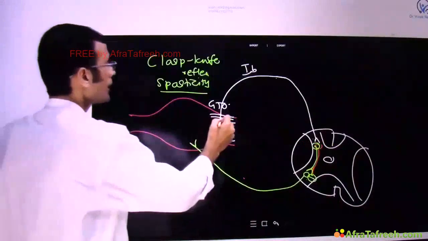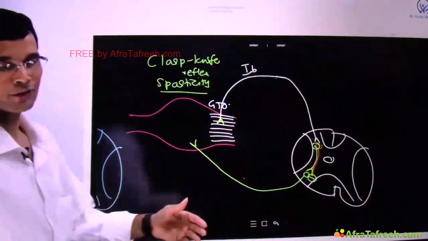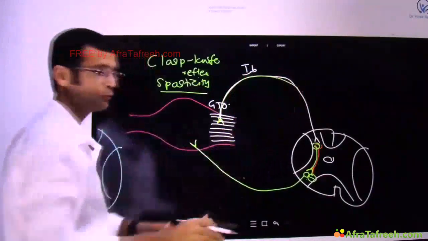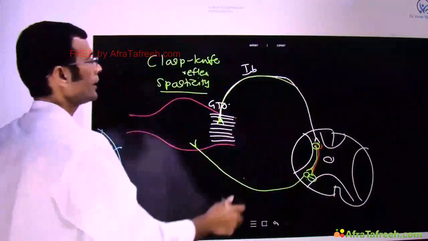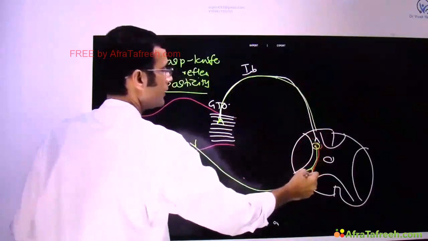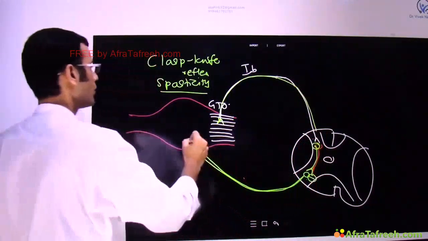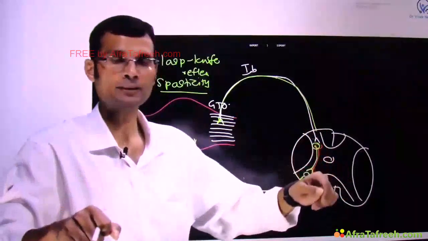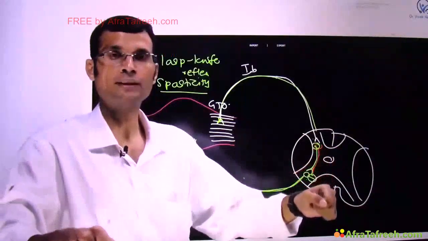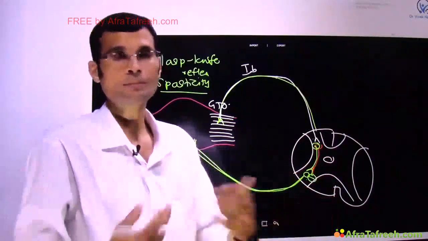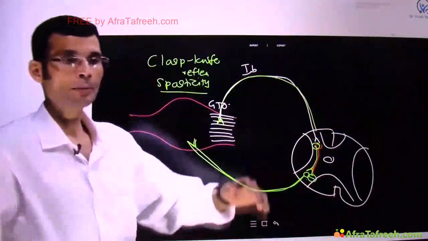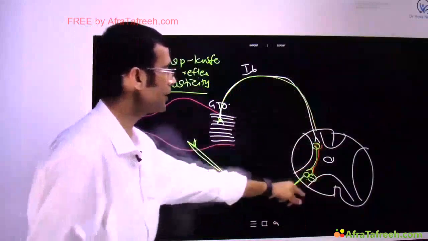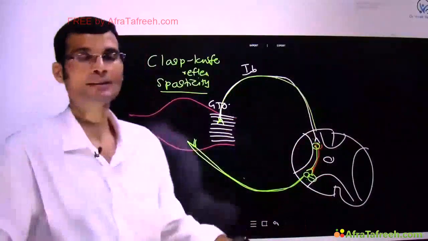So the Golgi tendon organ, which is actually detecting the tension in the muscle, initiates the reflex even as you stretch the muscle slightly. It initiates the reflex and it inhibits the alpha motor neuron. So what happens is, as you stretch the joint passively, initially you get a lot of resistance because the muscle is hypertonic, but beyond a certain point, that GTO initiated reflex will relax the muscle completely.